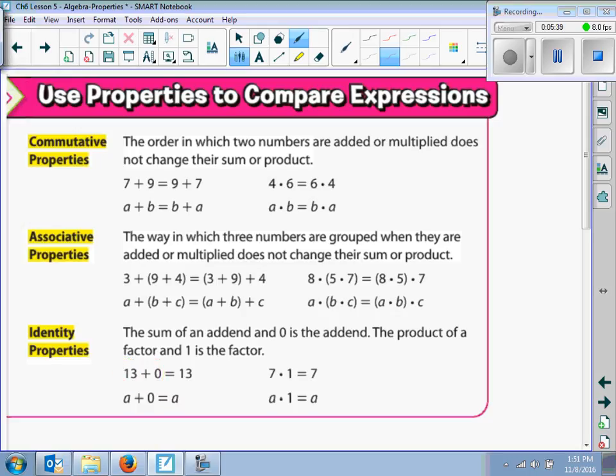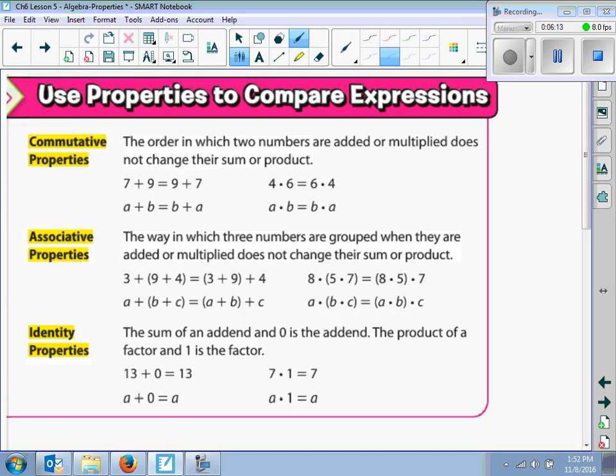So for the identity property of addition, you see how I said of addition, right? The identity property of addition says that if I add an addend, any addend, to 0, what am I going to get? That same addend, right? So you're going to get the identical number as you started with, right? See, identical, identity. Does everybody see the correlation there?